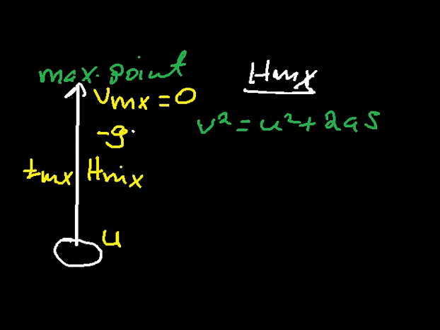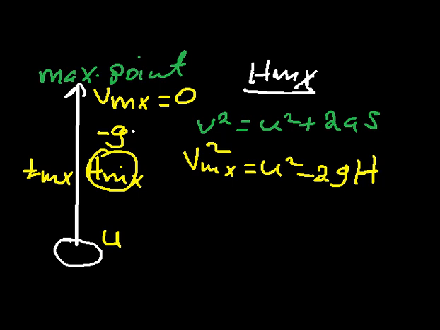We have Vmax squared equal to u squared, the initial velocity from the level ground, minus 2g, since the acceleration is the acceleration due to gravity, times the maximum height h.